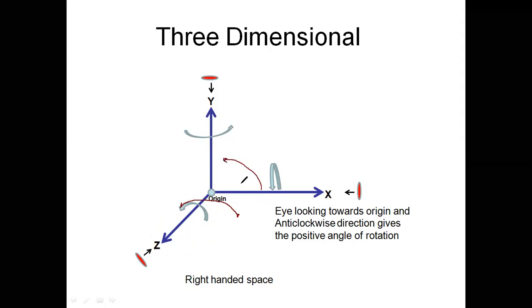This we have already gone through earlier in two dimensions. The third axis was not there, but still when we rotate in xy, imaginarily we are rotating about the z-axis from the x to y direction.